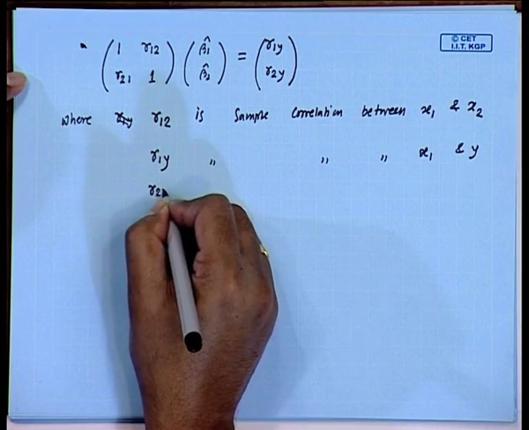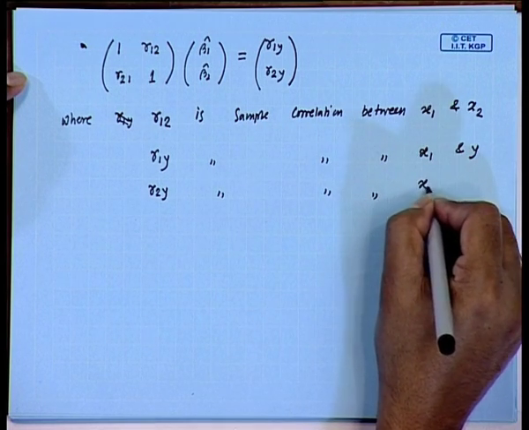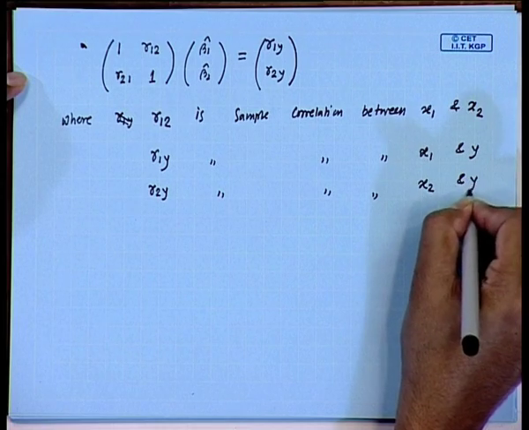Similarly, R2y is the sample correlation between x2 and y.